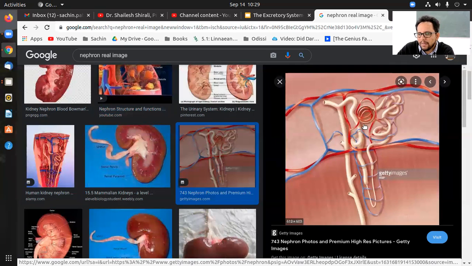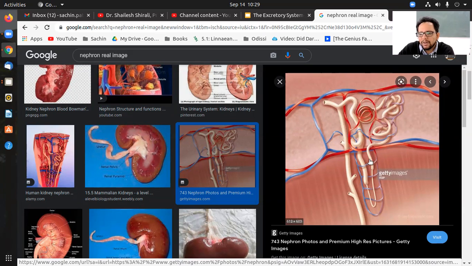One of these will be the efferent, most likely this one, because you can see it is branching from here and going into this nephron, and the exiting one is going here. So that way this is the glomerulus. In this part you can see the convolutions or the folding. It is not at all like what you see in the diagram. So convolution means folding, and it can be any type of folding.